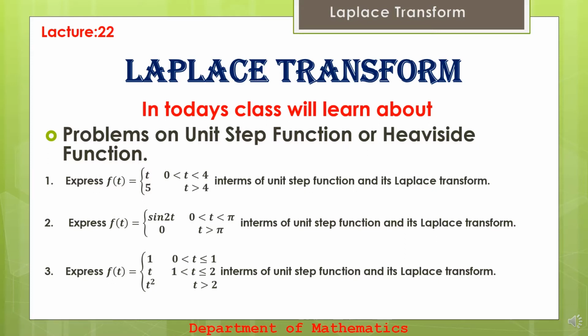Similarly, third problem is express f of t is equal to 1 for t greater than 0 less than or equal to 1, for function t greater than 1 less than or equal to 2, and for the third function t square for t greater than 2, in terms of unit step function and its Laplace transform.